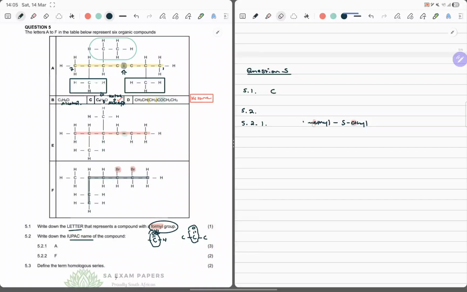Anyway, guys, I'm not too sure about the answer here, so you're going to have to check the memo and also double check from your teachers. But I think let's start with the ethyl. So this is going to be carbon 5. So this is 5-ethyl, 2,3 dimethyl heptane.